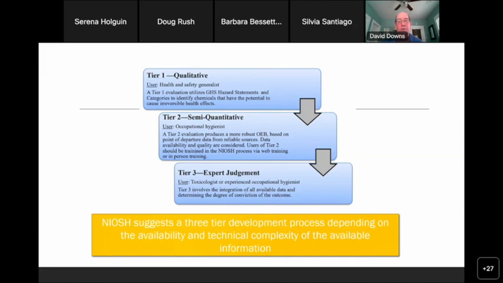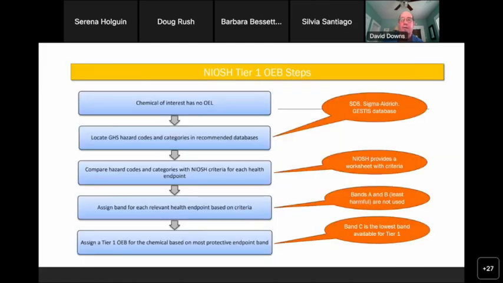And then tier 3 would be for materials that we really don't have a lot of information on, and might require us to use a toxicologist to help do the assessment. And so those are the 3 tiers that they established as a means of assessing what level of data you might need. So let's talk about the tier 1 process.